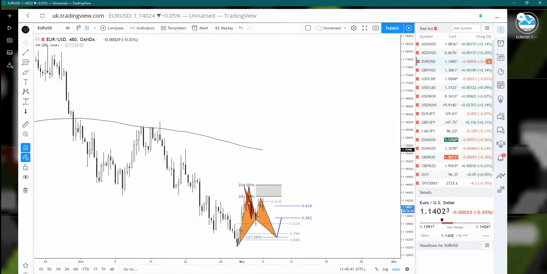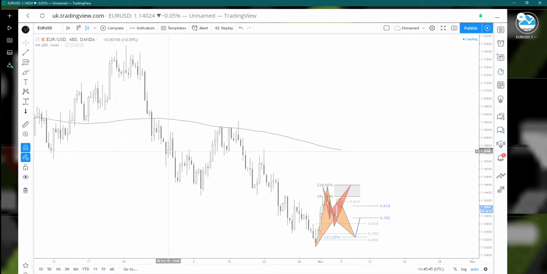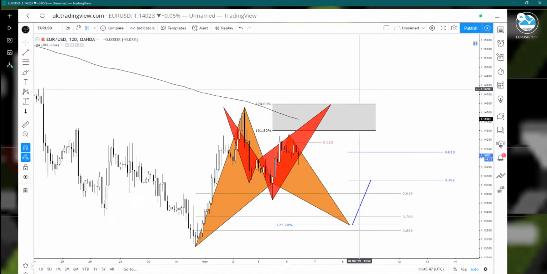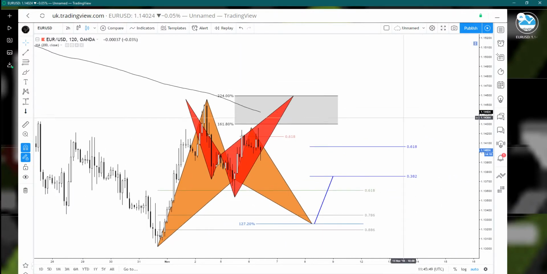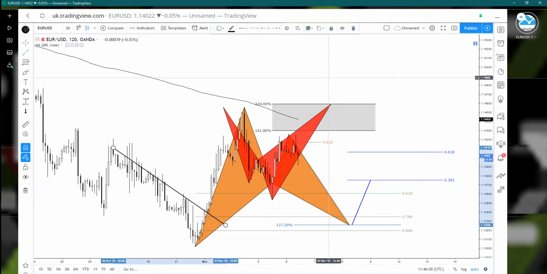Euro versus dollar, I will try to get faster from here in order to try to cover more charts. So euro versus dollar is trading higher. The market has violated this previous structure and we are now trading above it.